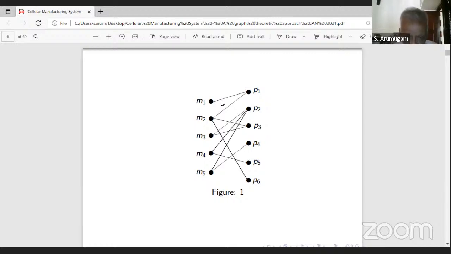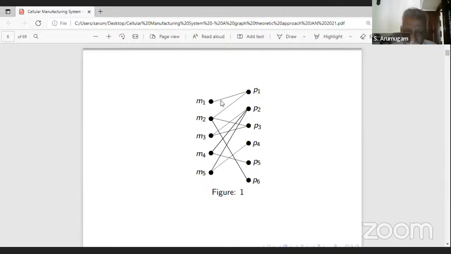We can go still further. Perhaps the problem has, say, 100 parts and 30 machines. Then how many cells do you want for an efficient functioning of the whole system?